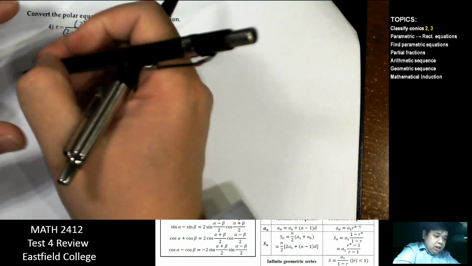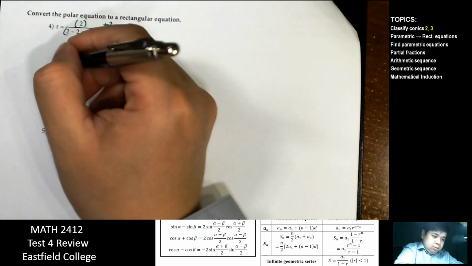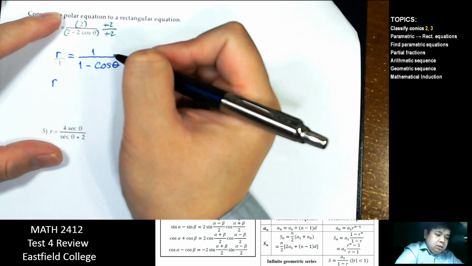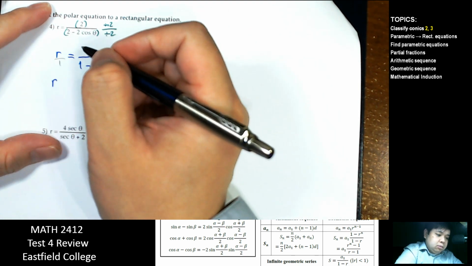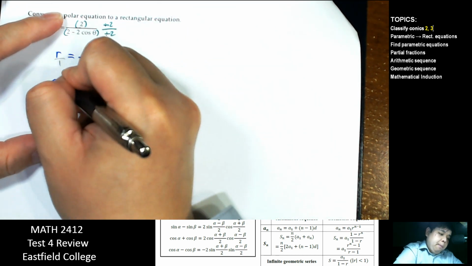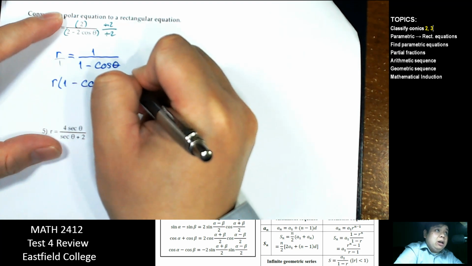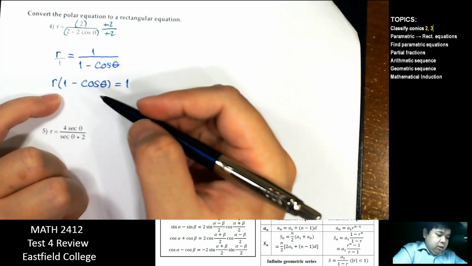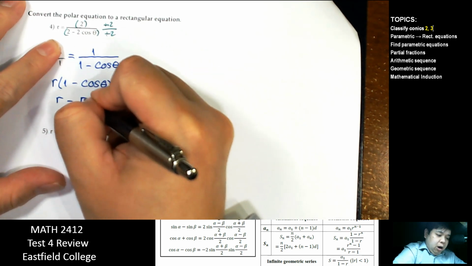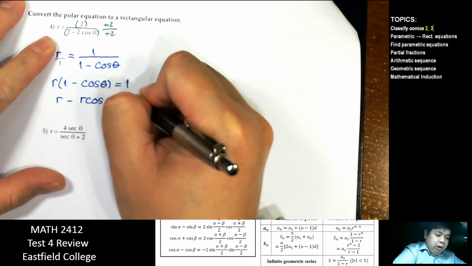Cross multiply here. We should have r times (1 minus cosine theta) equal to 1. Now multiply it out, we have r minus r cosine theta equal to 1.